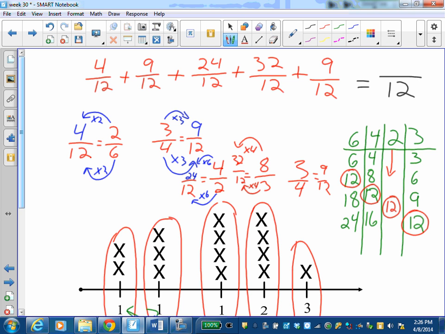I'm just trying to figure out how many 12ths I actually have. So I got to add all this up, and I have 4 plus 9, which is 13. So I've got a 13, I've got a 24, I've got a 32, and another 9. It's a bunch of numbers to add up, but it's not that bad. The numbers aren't that big. So I can add this up pretty quickly.